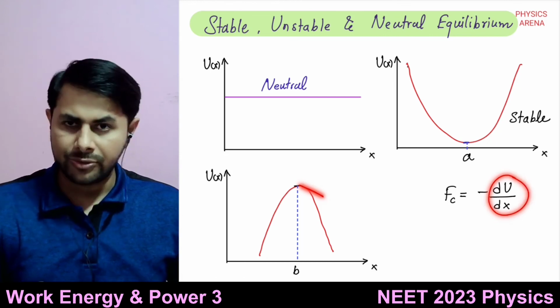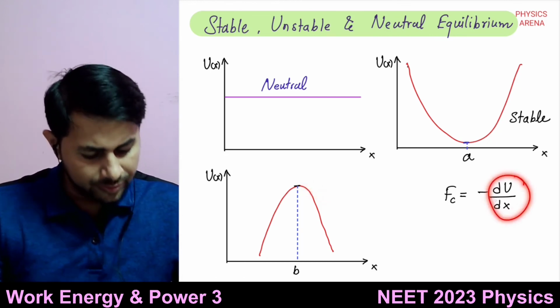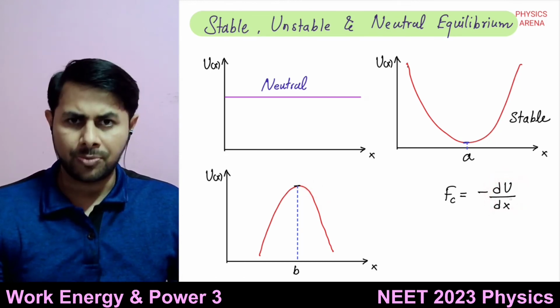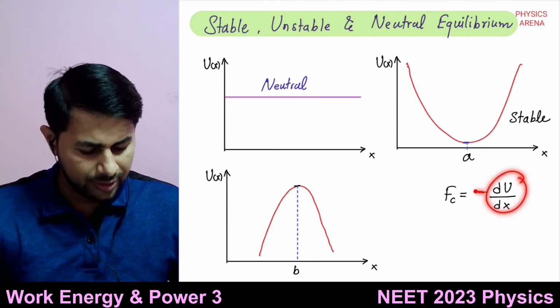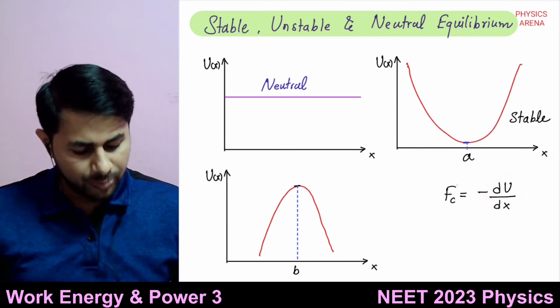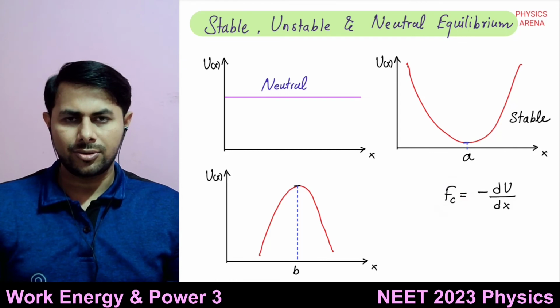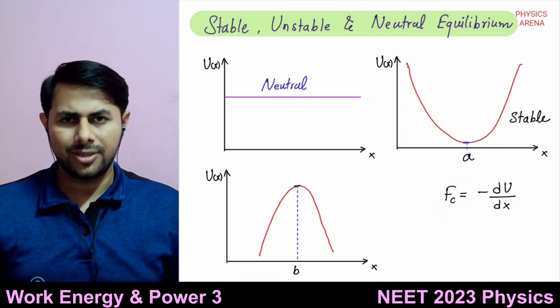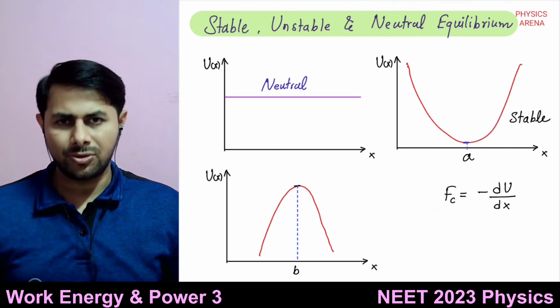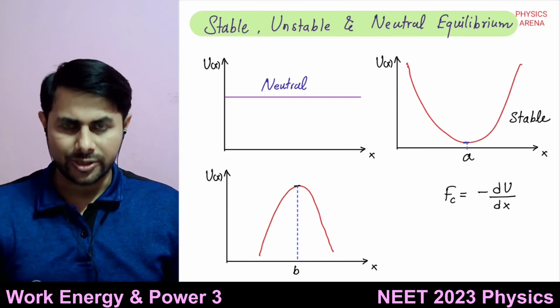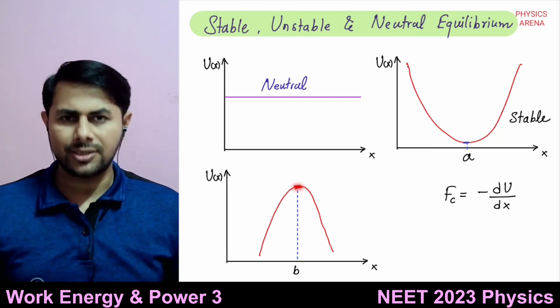That means the derivative of potential energy is negative, and you take minus of that. That means force will be positive. Positive force means repulsive force. So this is unstable equilibrium.